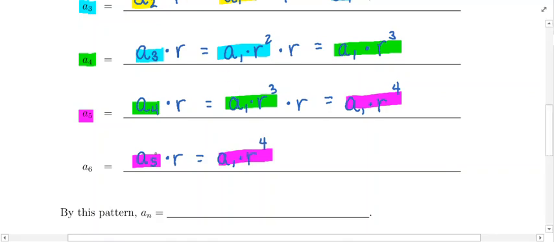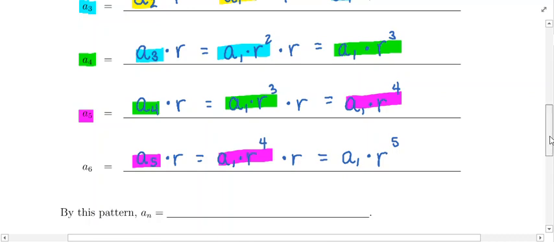So we need to multiply this purple quantity by another instance of R. So A6 is the same thing as A1, the first term, times R to the fourth times R, which is R to the fifth. So there is your way of getting A6.